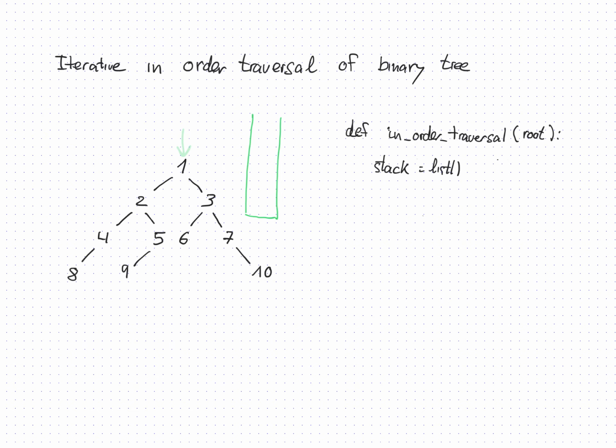And then we have a variable node, which at the beginning we set equal to root, and then we will start to change it. And we start a loop. So we say while True. And here we're going to try to always find a left node before we start visiting. So inside this while loop, we do another while loop, and we do while node.